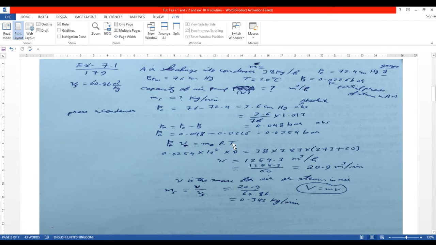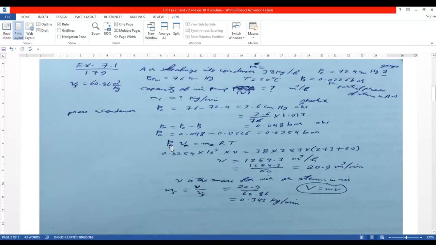And T is the temperature of the air, which is given 20 degrees centigrade. We have to add 273 to make it in Kelvin. So we know R, we know T. Mass flow rate of air is given. So we need to find partial pressure of air, PA, so we can calculate V dot A, which is the capacity of the air pump.